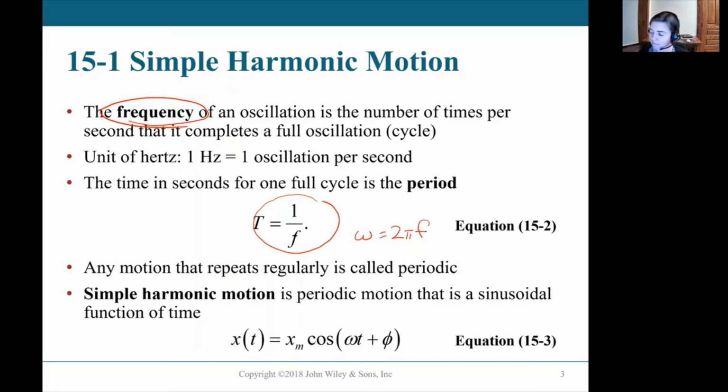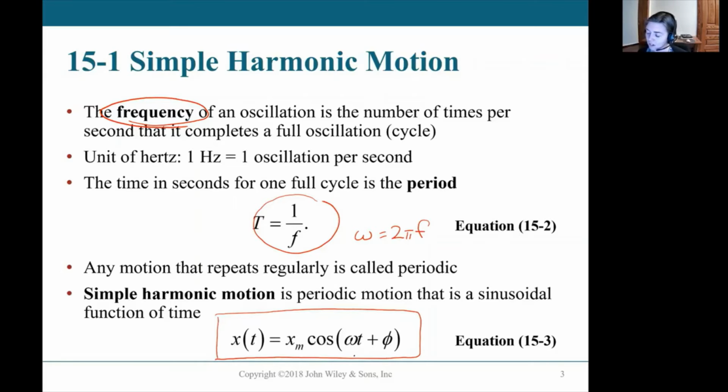When you have some kind of periodic motion like this, we can model it with a sinusoidal function. So it can be a sine or a cosine. Those are just shifted versions of one another. So x of t is equal to xm, which is some amplitude, the maximum distance that the mass in this case can go from the equilibrium position, times a cosine function.